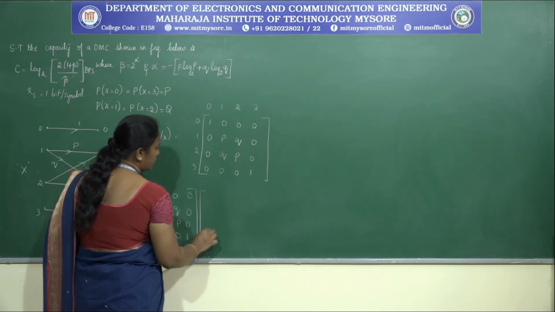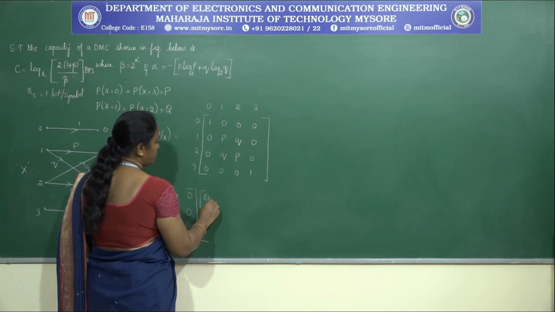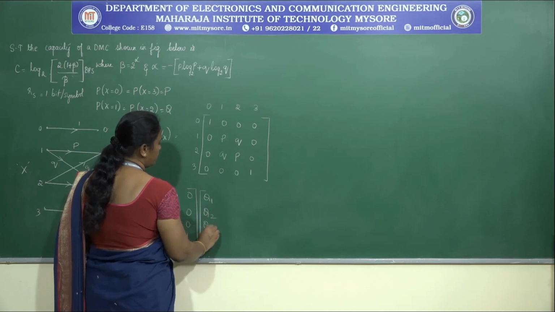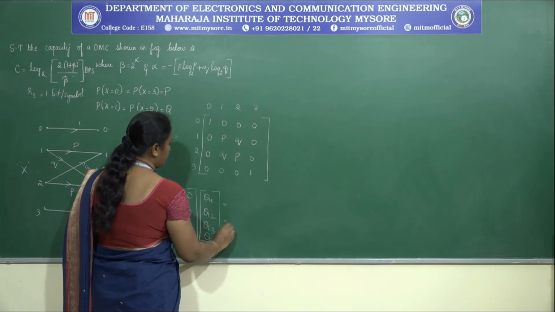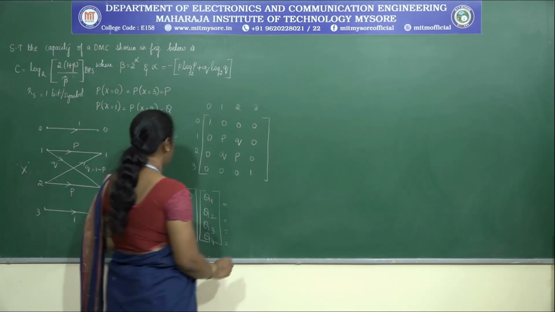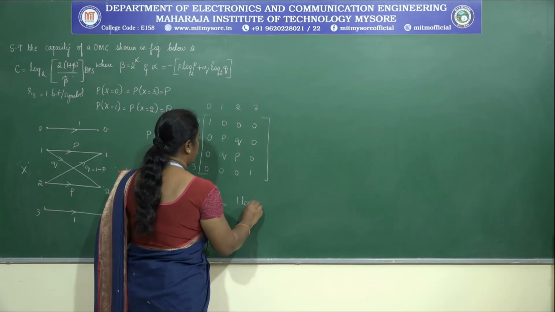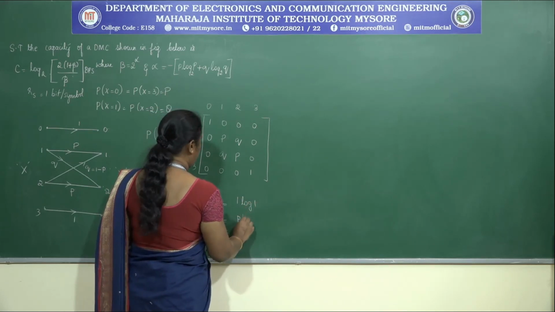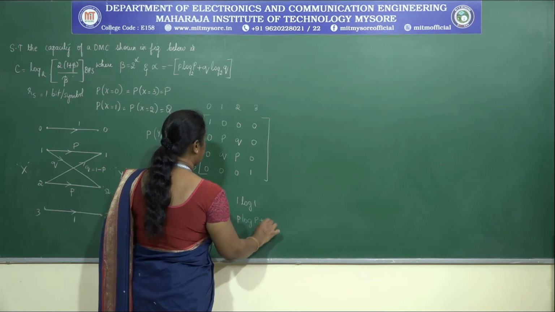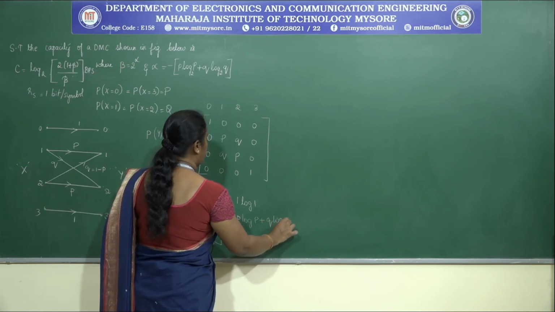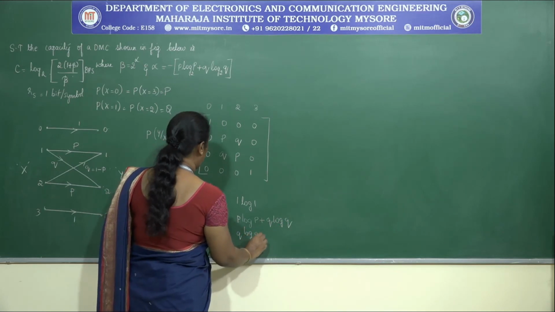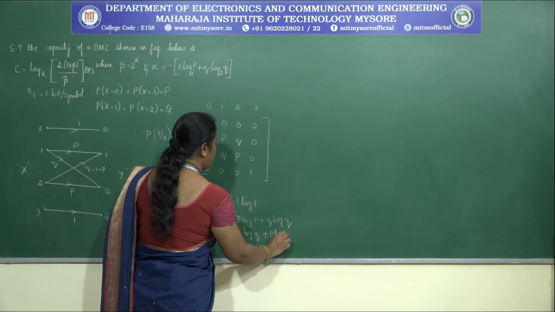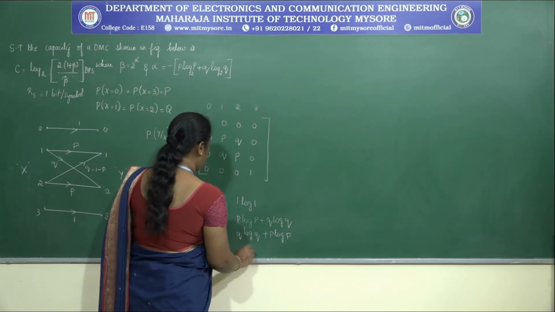What are the unknown quantities which we need to find? We need to find Q1, Q2, Q3 as well as Q4, which is equal to 1 log of 1, then P log P plus Q log Q, here Q log Q plus P log P, then here 1 log 1.